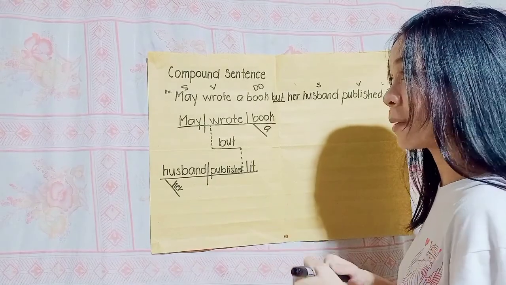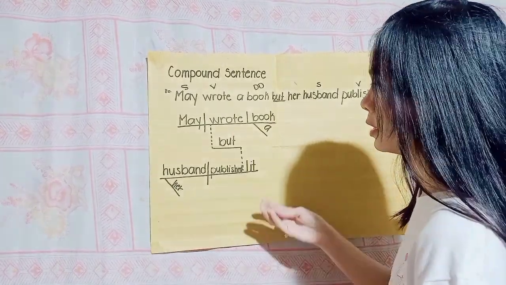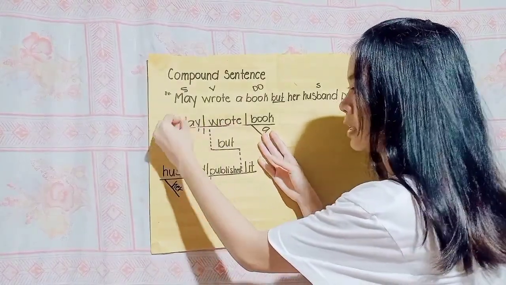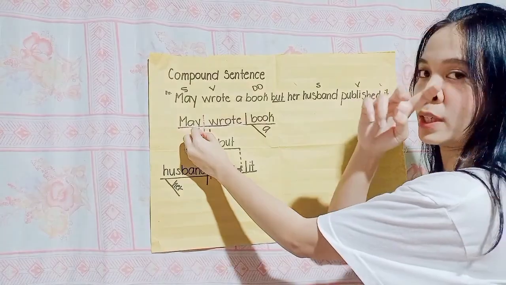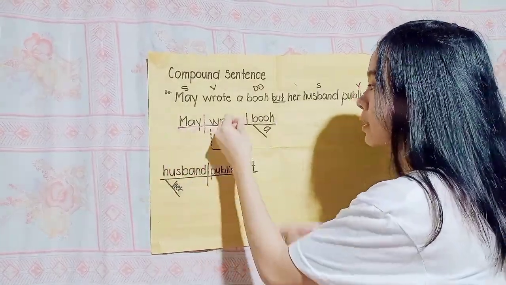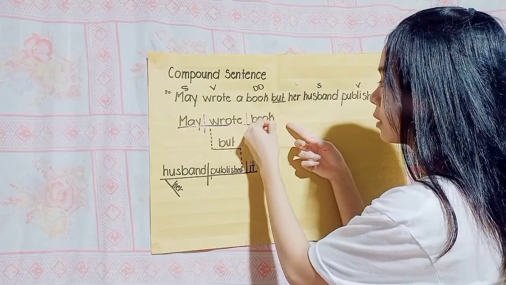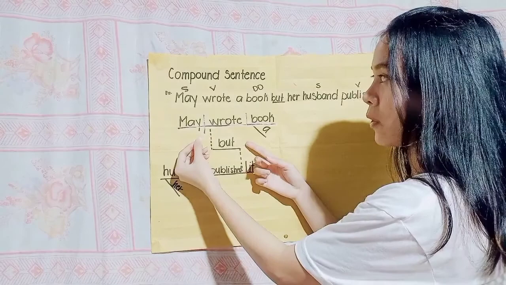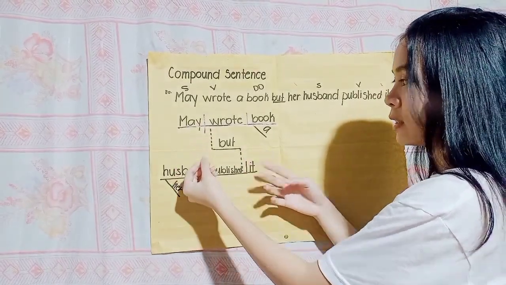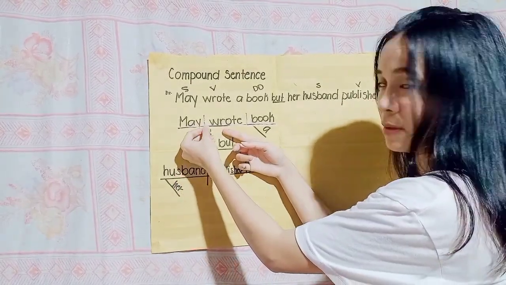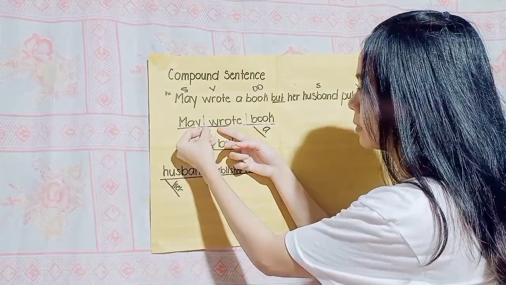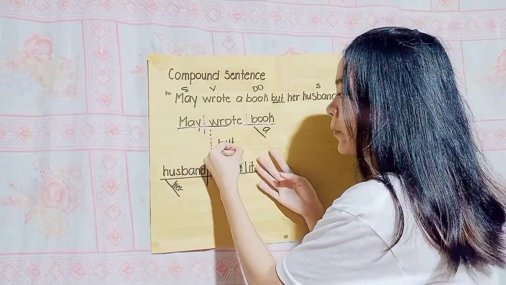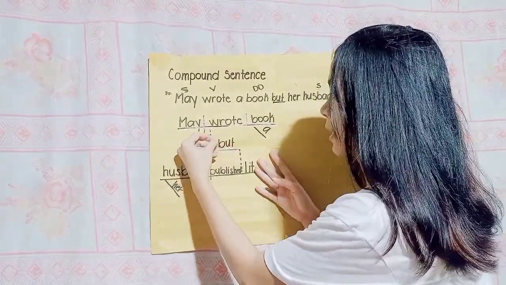So in diagramming a compound sentence, again, we're going to draw a horizontal line and a vertical line that divides a subject and verb. May wrote what? A book. So next we will draw a broken line, and then write the coordinating conjunction, which is the but.